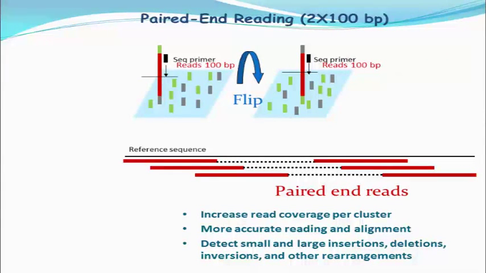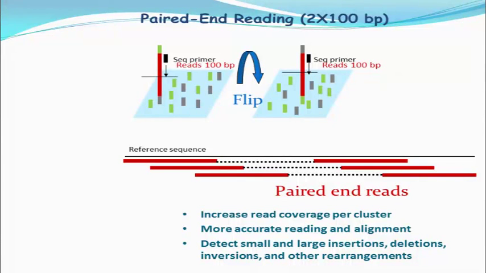And one important sequencing technology is paired-end read sequencing. It will sequence 100 base pairs from one direction, then the DNA template will be flipped, and then you will be sequenced from the other direction. At the end, you will have 100 base pairs from the 5' end and 100 base pairs of sequence from the reverse direction.